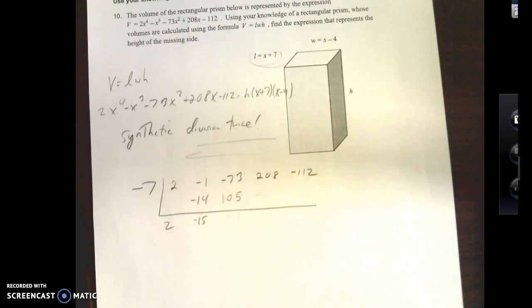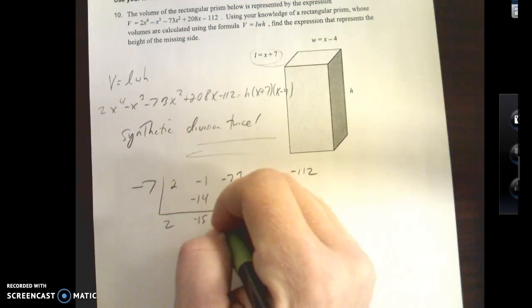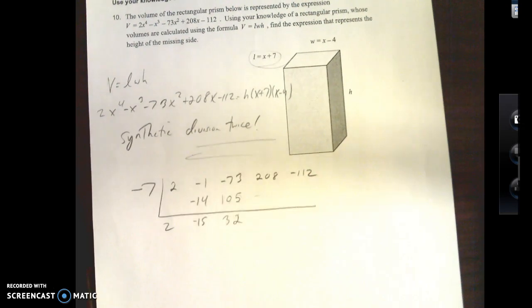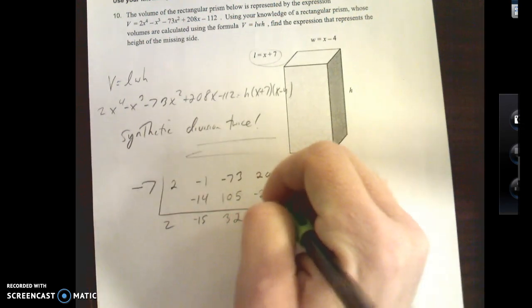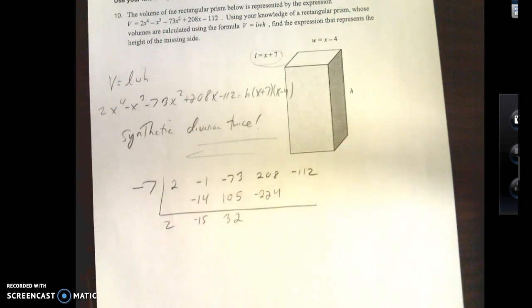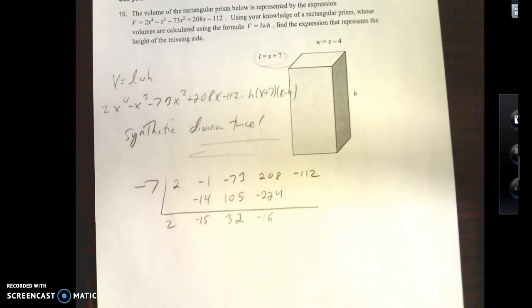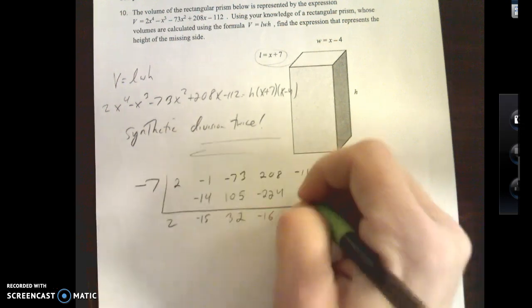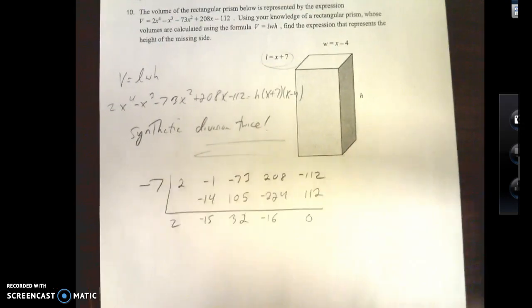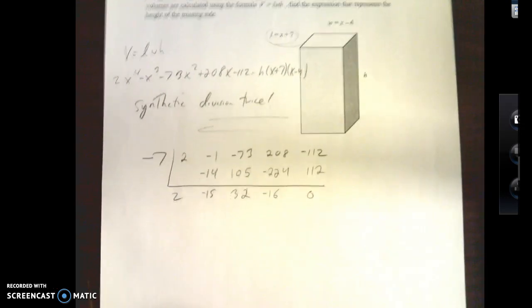My apologies, sorry. 105 minus 73 gives me 32. 32 times negative 7 is negative 224 plus 208 is negative 16 times negative 7 is 112. Okay. Whew. Good. All right.